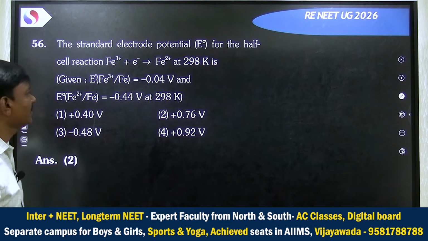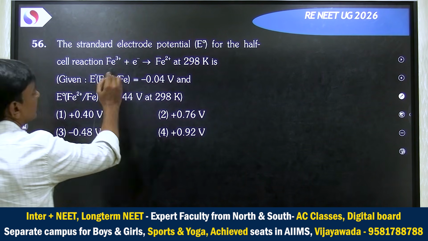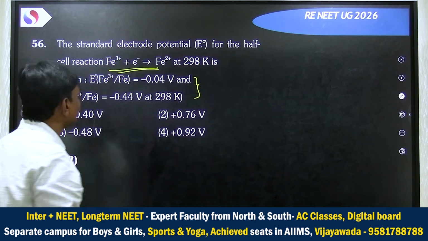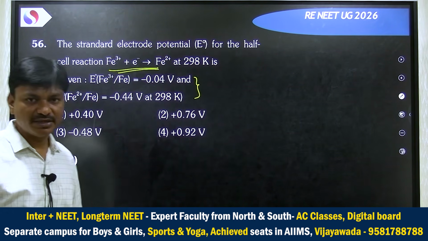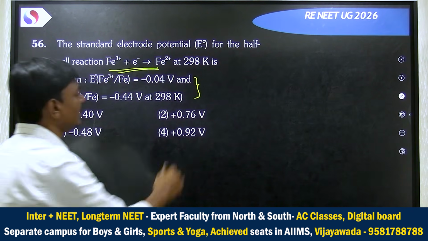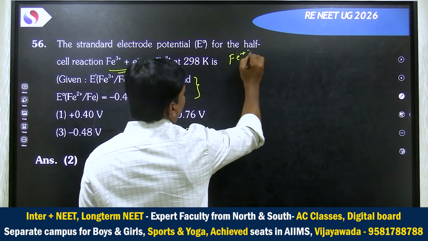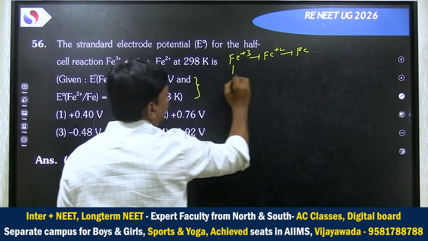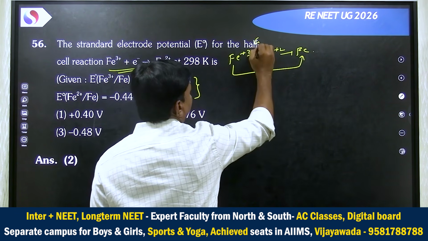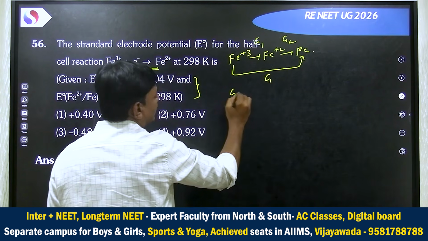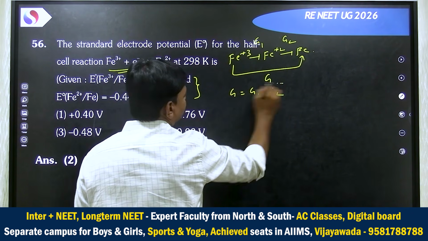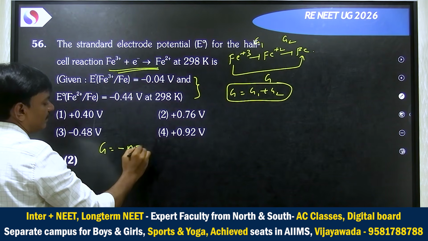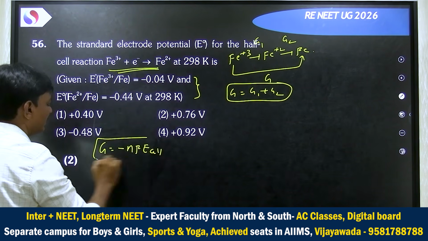The standard electrode potential for the half cell reaction Fe plus 3 to Fe plus 2, and two more electrode potential values will be given. It is from the electrochemistry chapter. So depending on the given data, we have to write Fe plus 3 to Fe plus 2 and Fe. I am taking here G, here G1 and G2. So G equals G1 plus G2. Here G is equal to minus nFE cell.